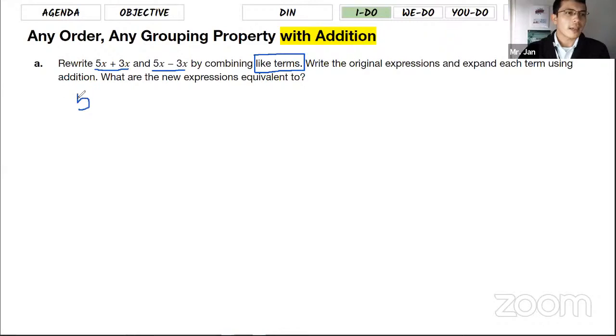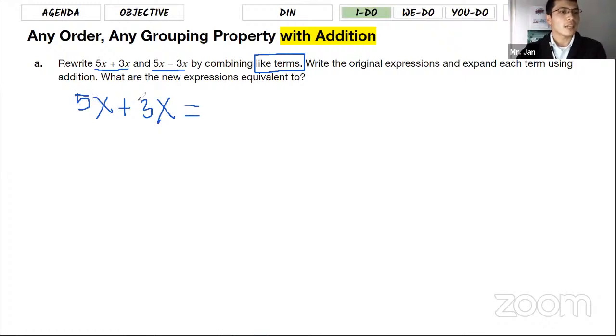When you say 5x plus 3x, okay, 5x means 5 multiplied by x, right? But when you multiply a number and a variable, you're not going to see the multiplication sign between them. So there is an invisible multiplication between 5 and x.